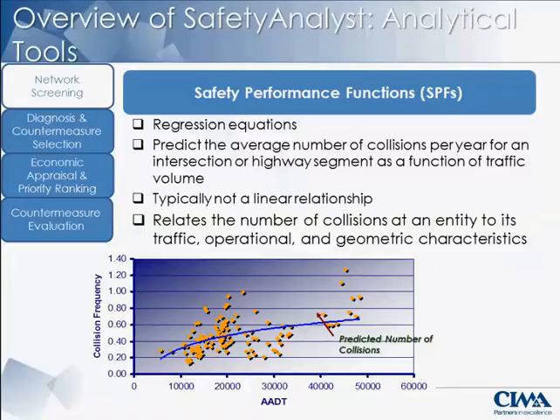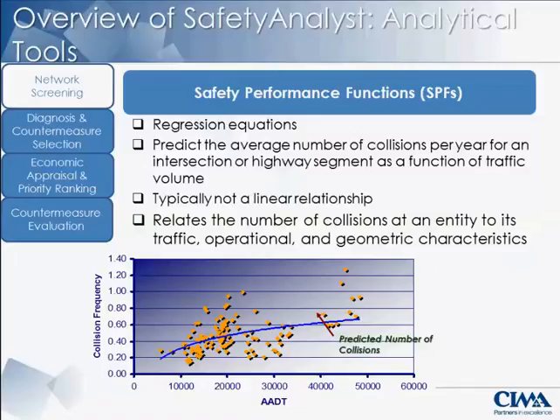Based on the regression to the mean phenomenon, if nothing has changed at that location, you're expecting that this location will have a smaller number of collisions next year, and that's called regression to the mean.